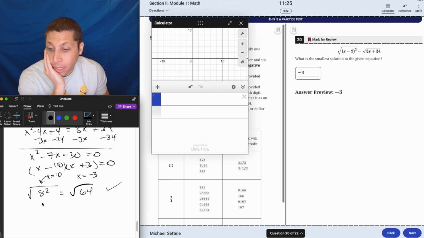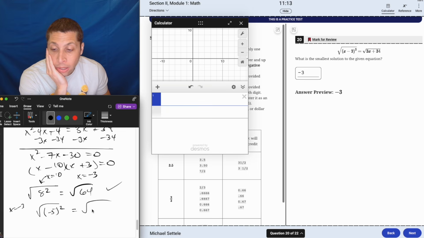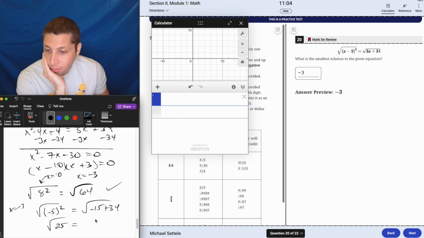And then the negative 3 would be radical negative 3 minus 2, negative 5 squared equals radical negative 9 plus 34. So radical 25 is equal to... whoa, negative 3.